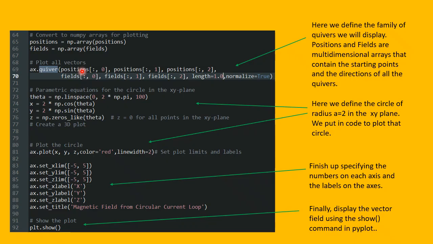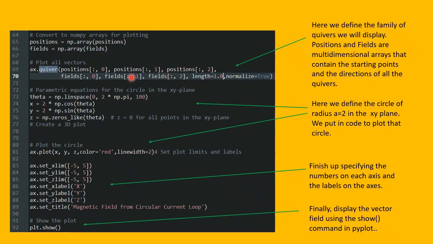What this part does is gives us the starting point of the arrow in terms of the positions array elements, and the vector itself, its direction and magnitude, are basically given by these fields sub 0, 1, and 2.